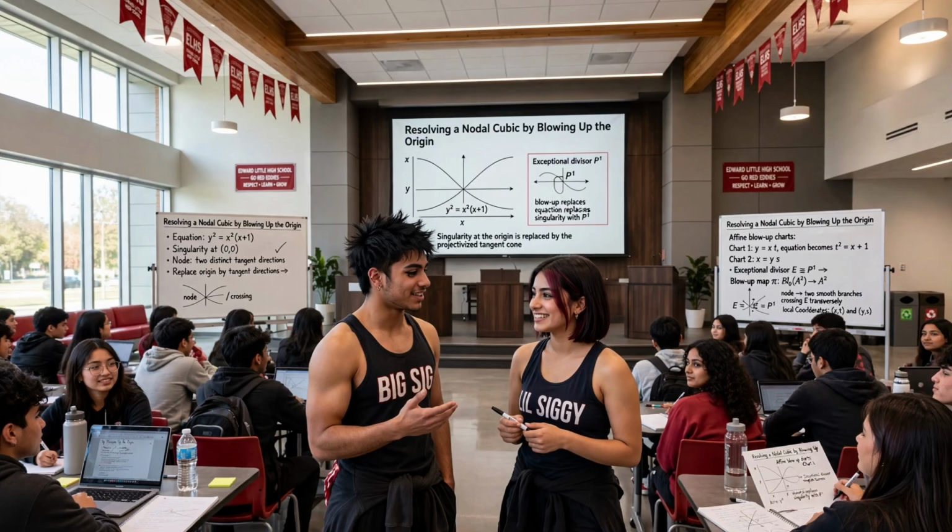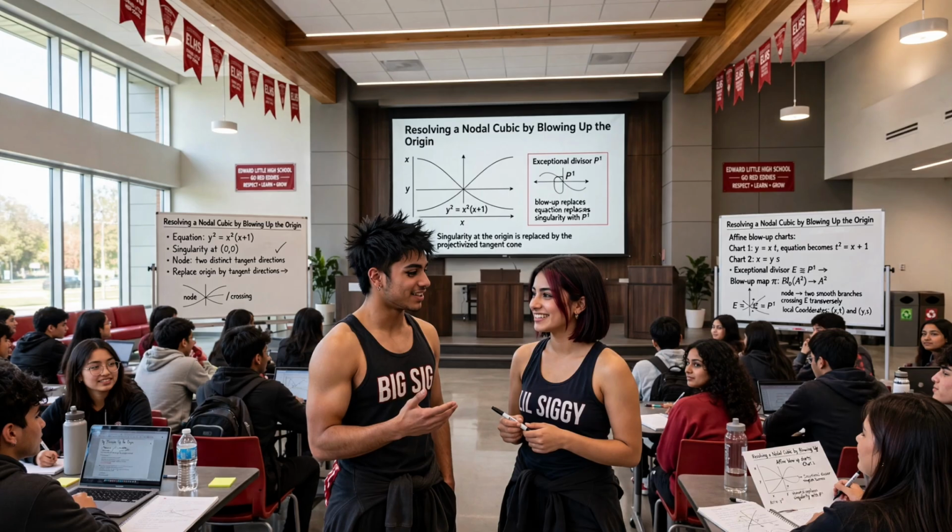So, to resolve the singularity, we blow up the plane at the origin. Geometrically, this means we are going to surgically remove the single problematic point, 0, 0. Okay, remove the point. And we are going to replace it with an entire projective line. A whole line. Yes. This newly inserted line is called the exceptional divisor, and we denote it as E, which is isomorphic to P1.